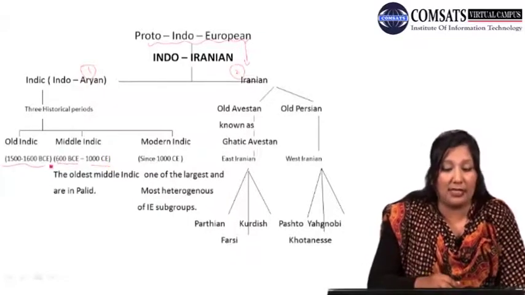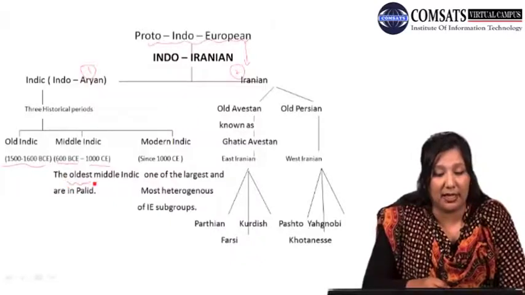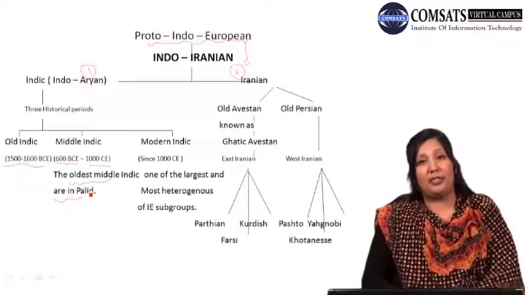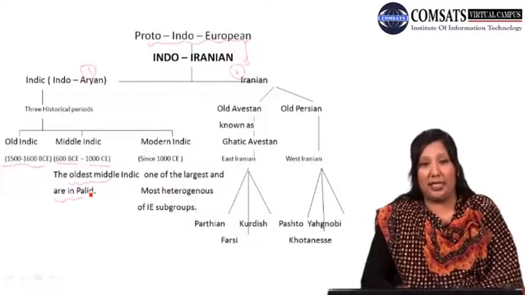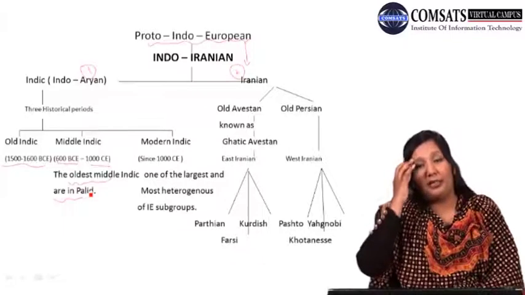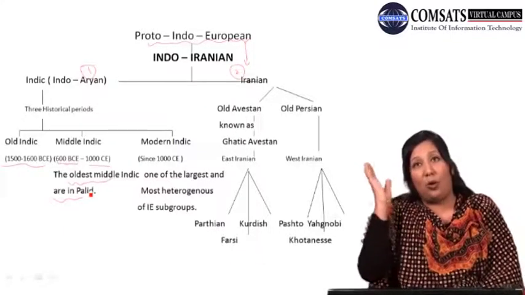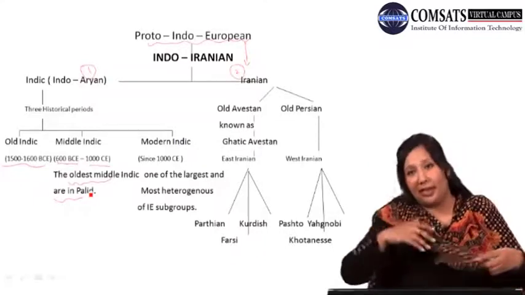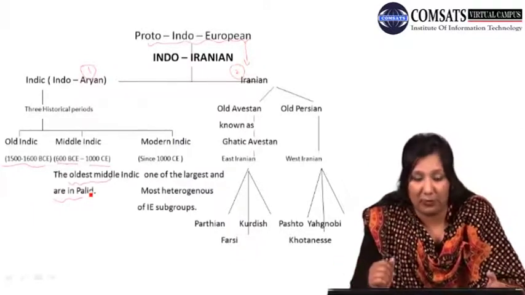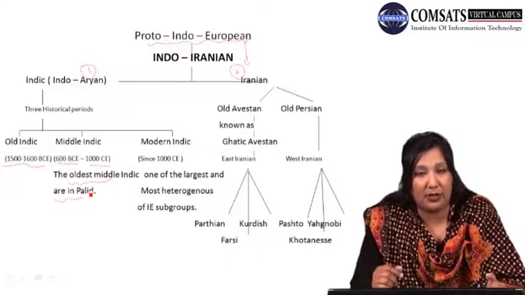This is known as the oldest Middle Indic period. The oldest Middle Indic means the language of that period, the oldest one, which perhaps has gone extinct and does not survive anymore. Then the next is Modern Indic.